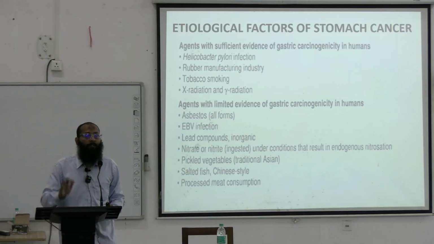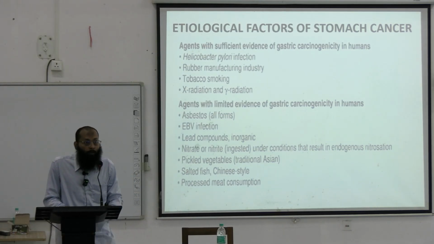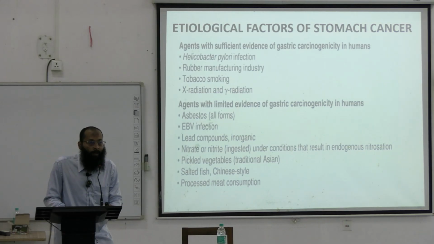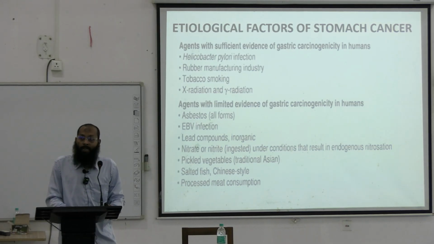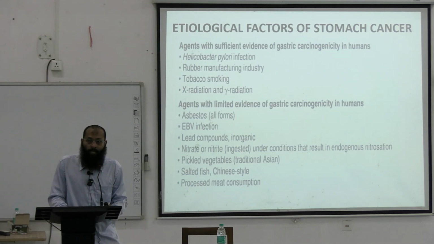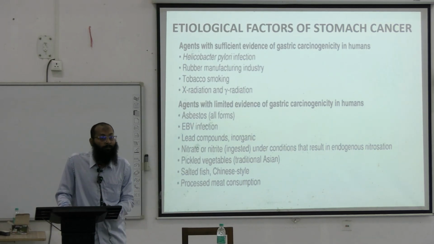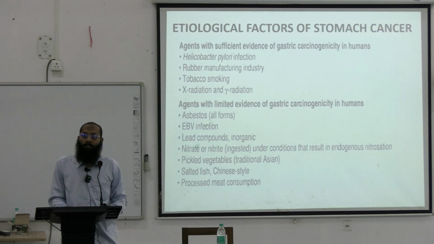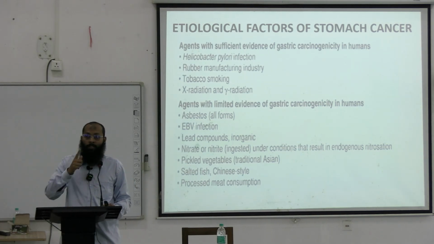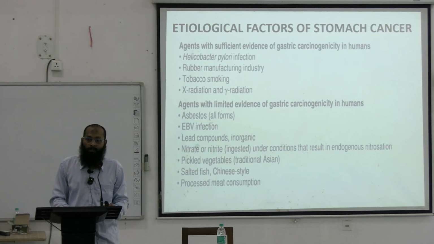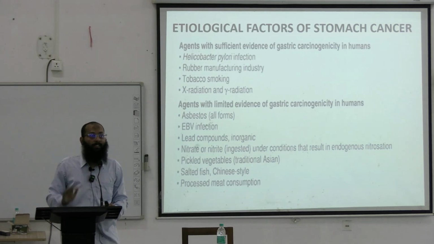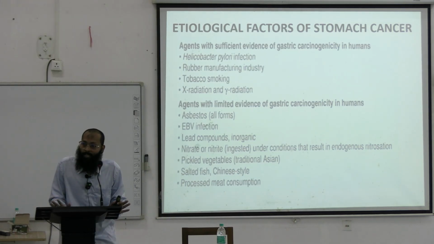Because of this, the neuroendocrine G cells present in the antrum sense that there is less acid in the stomach, and they secrete gastrin. So the gastrin stimulates the parietal cells and causes excessive acid secretion. Clear? Mechanism is clear? Clear to all?